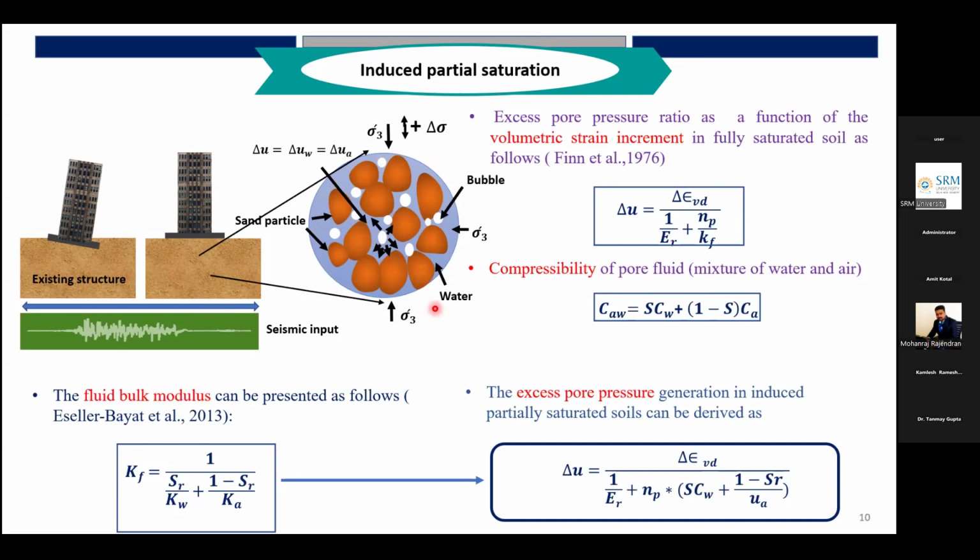We are working in terms of the compressibility concept, with the stiffness of this particular system, using something called volumetric strain increment. We bring it together in the theoretical process, and accordingly we are trying to work out what will be the reduction in liquefaction, or the enhancement in the liquefaction resistance.